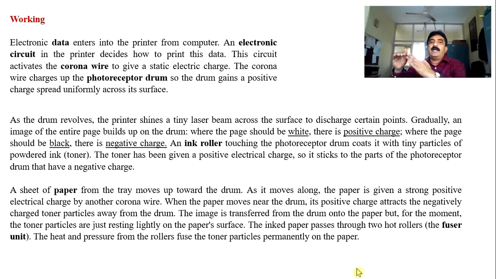The paper will arrive, the paper gets pressed by the drum, and ink particles will be transferred onto the paper. Those particles are loosely bound, and the paper is now made to pass through the fusing unit where it is getting ironed, meaning the heat will press the ink particles and they get stuck to the paper permanently.